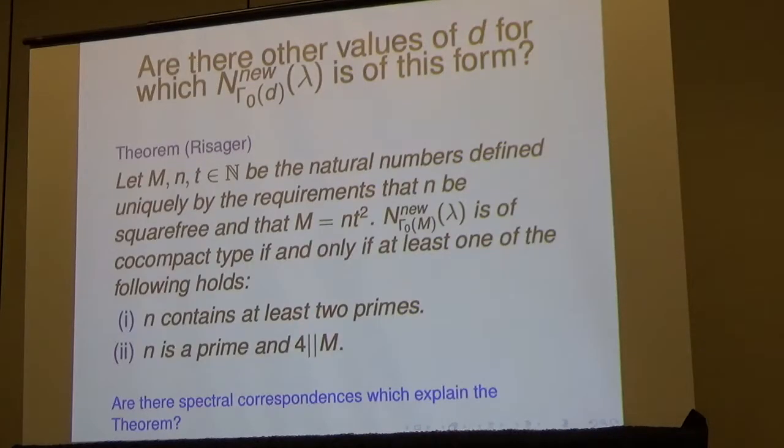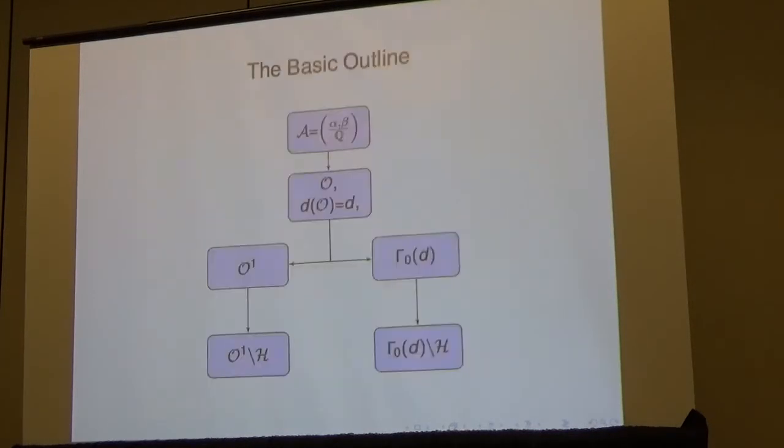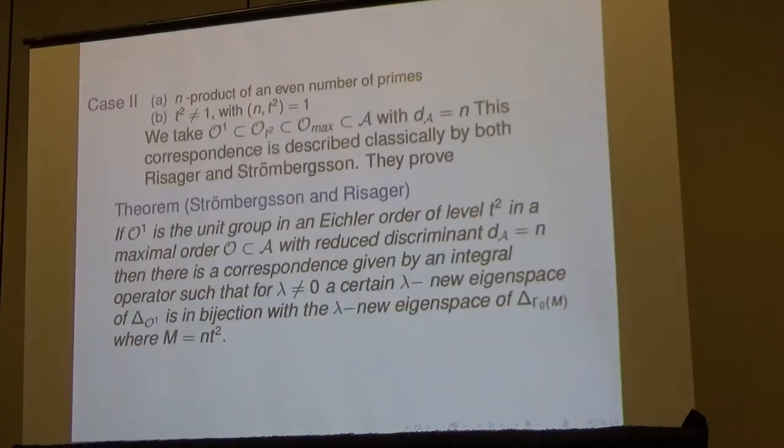Risager says that the spectral counting function for new forms is of co-compact type if I take M to be N t squared like this, and N contains at least 2 primes. So I started off with just thinking of t squared as being 1 and N just being 2 primes.